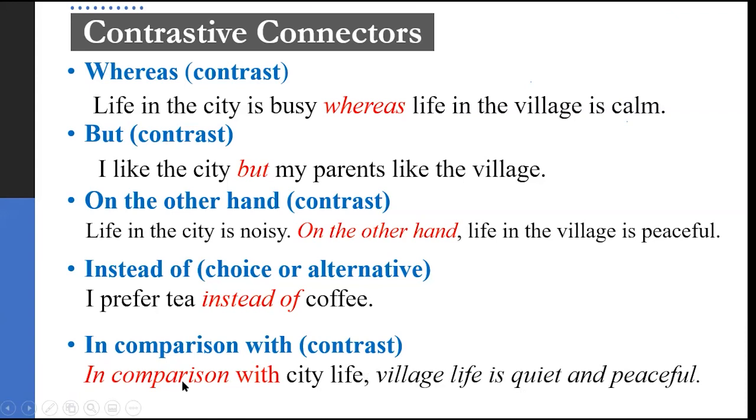Okay, but when I have only a subject, I can use in comparison with. As for the other two, if I use them I must check that I have a noun and a verb. I must have a subject and a verb. Okay, and we're going to practice with these contrastive connectors in a moment, in the mock exam.